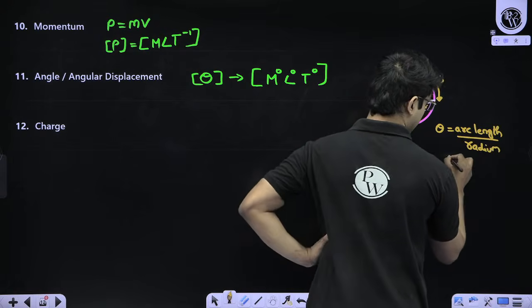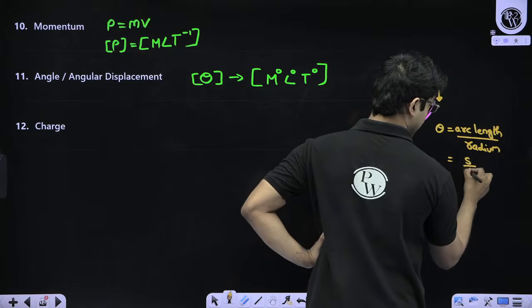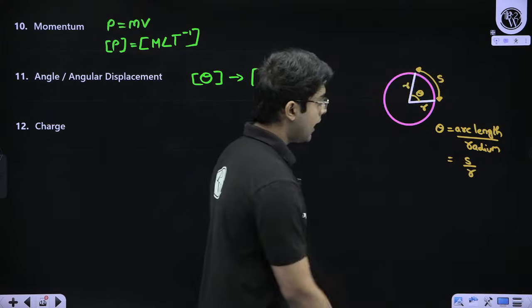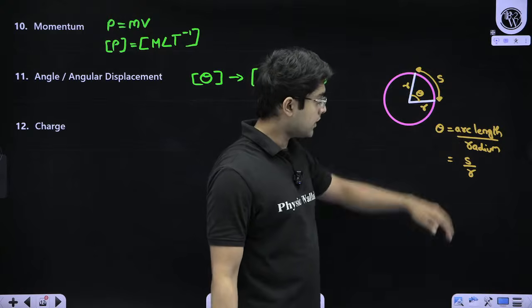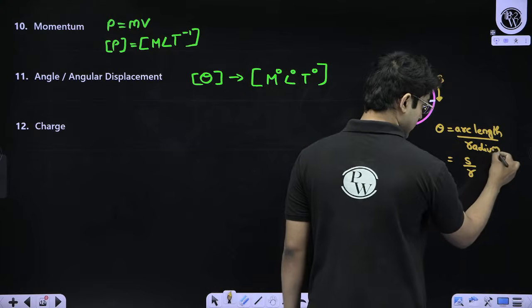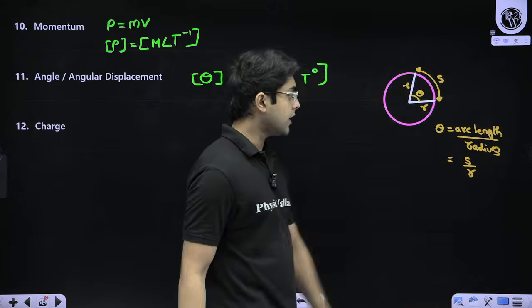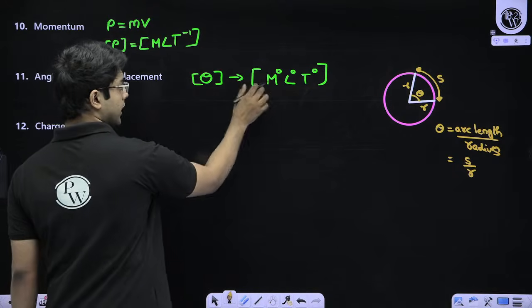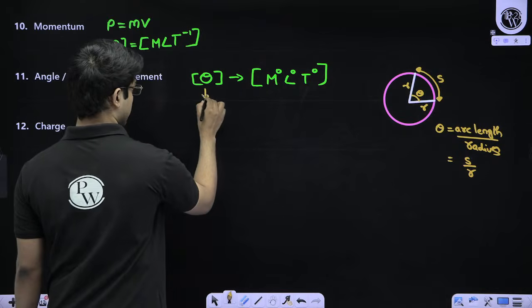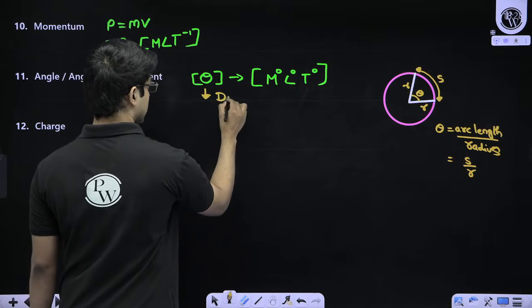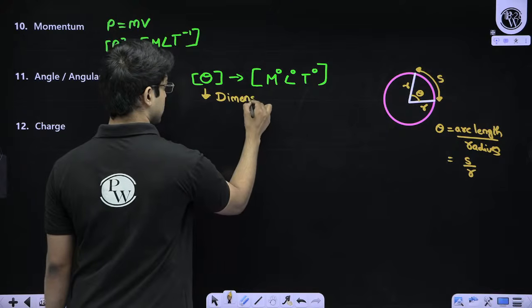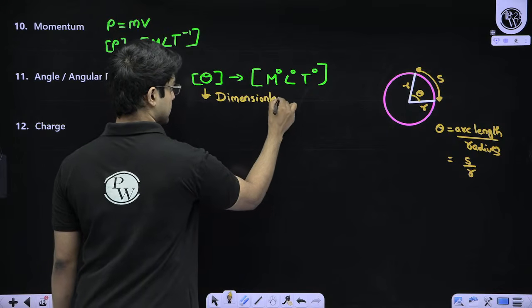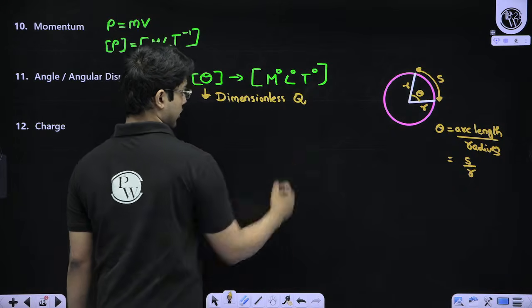Here if you notice, it's a length divided by another length. That's why the angle theta is a dimensionless quantity.